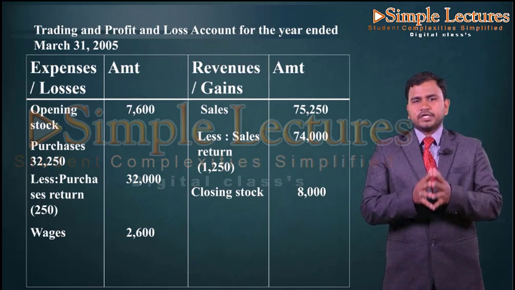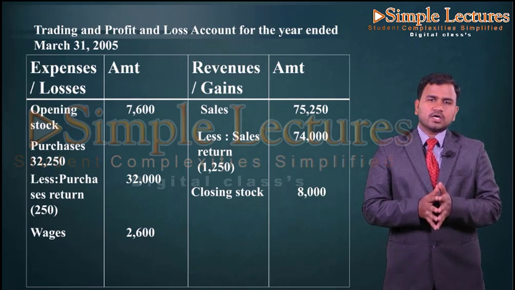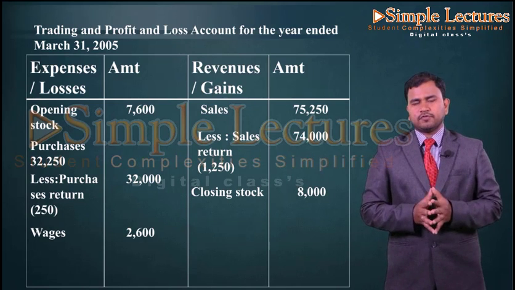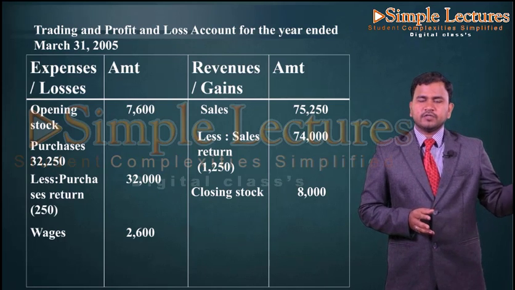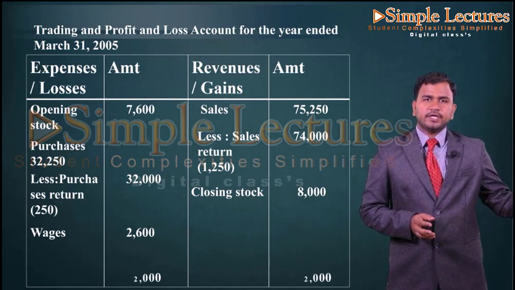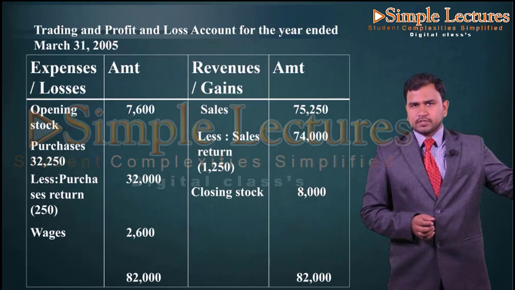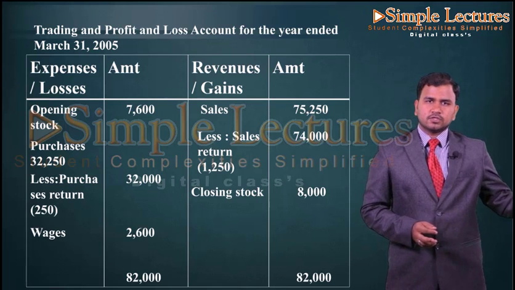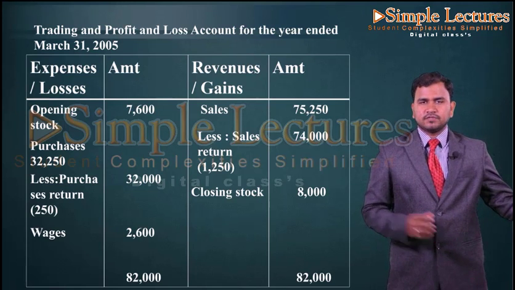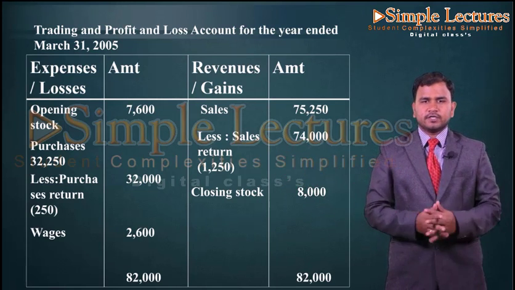After recording all the entries in the trading account, we have to close the account to find out the gross profit or gross loss. The total of the credit side is 82,000, made up of net sales of 74,000 and closing stock of 8,000, which is more than the debit side total.